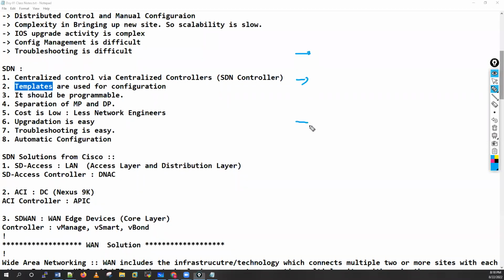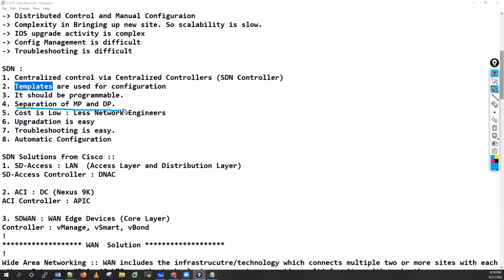At that time you can create the template and push it to one branch or more than one branch, 100 branches, 200 branches. You can do that easily. And the best part of SDN technology is that you can use automation. If you are good with Python scripting and all, you can program all these things, so you get the automation stuff there.